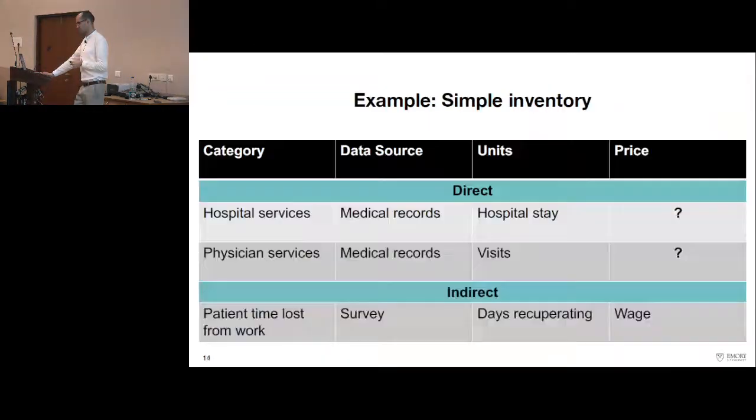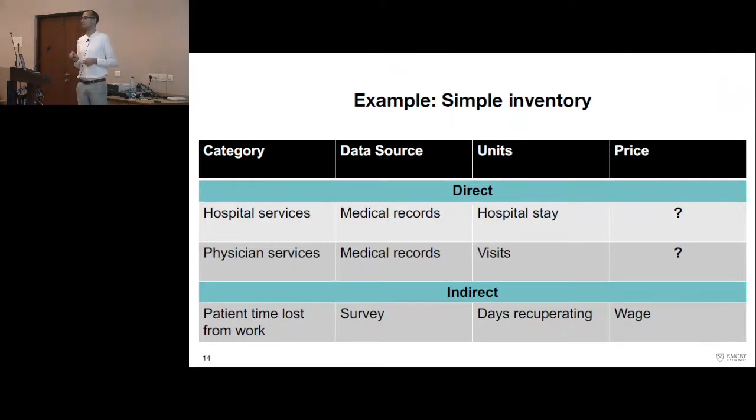Yeah, we already talked about this. So here's an example of a typical inventory if we decided to do microcosting. For hospital services, we would usually look into the institution's medical records, and we can measure costs in terms of hospital stays or per visit.